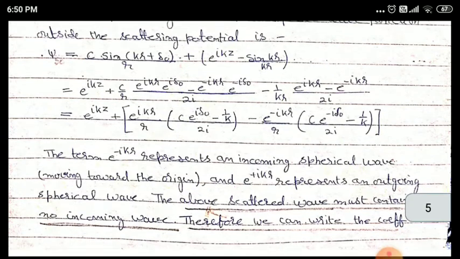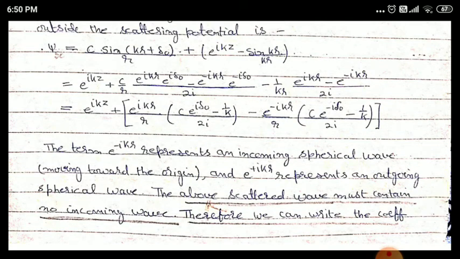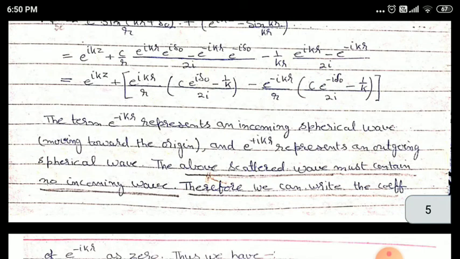Now, by putting the values of sine in terms of exponentials, we can solve this equation. So in the last part of the equation, the term e raised to power minus ikr represents an incoming spherical wave which is moving towards the origin.